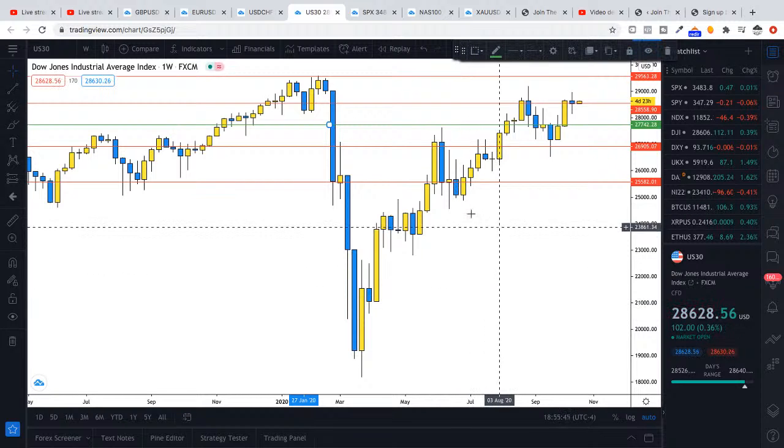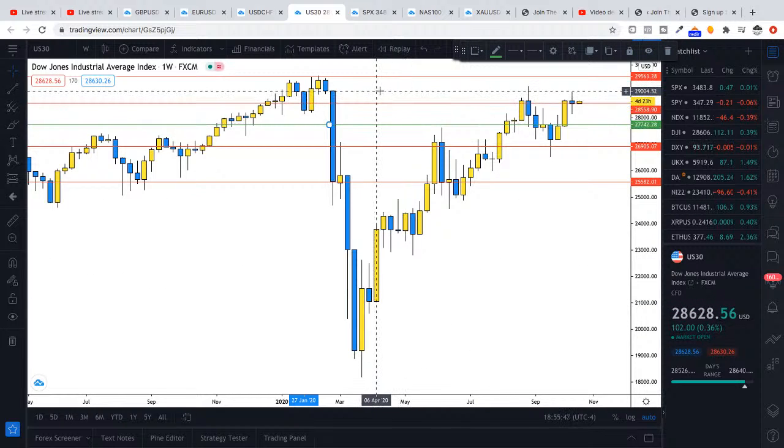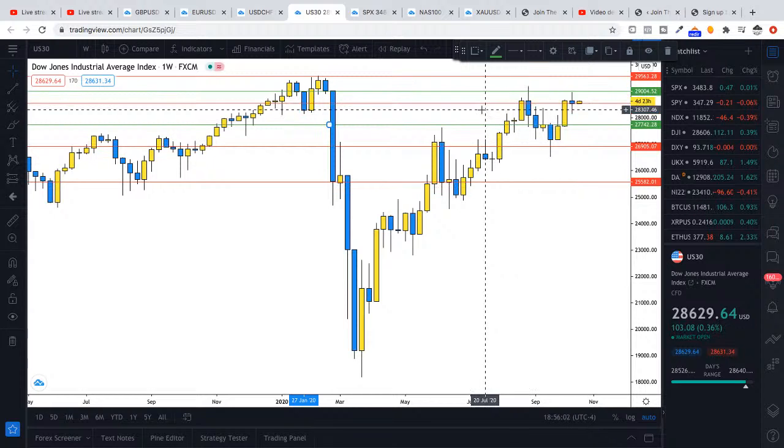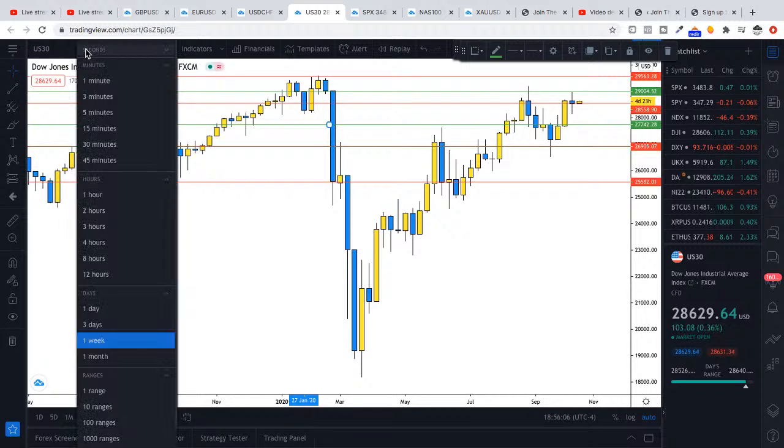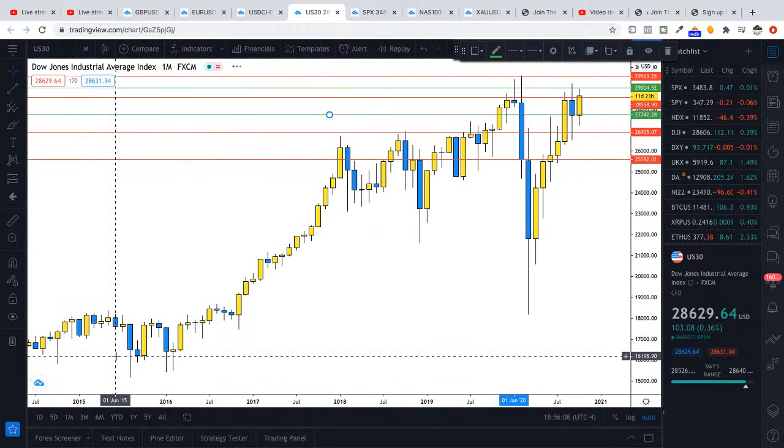Bam. Okay. What we got here? A lot of rejections right here. That's a key zone. So you can see it's just kind of sitting in the middle here from these points. This was a monthly zone in the red. Take a look at that again. Yeah, it just got up here.